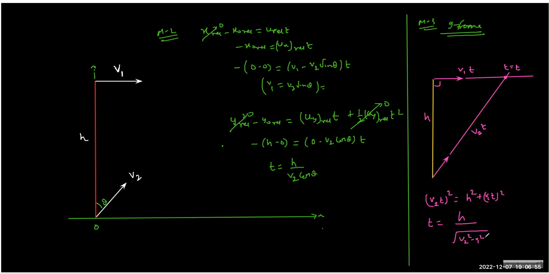So this is the same idea which we used in the previous question. Let me give you some more deep insight about the collision problems or G-frame problems. So I'll talk about the condition for collision.